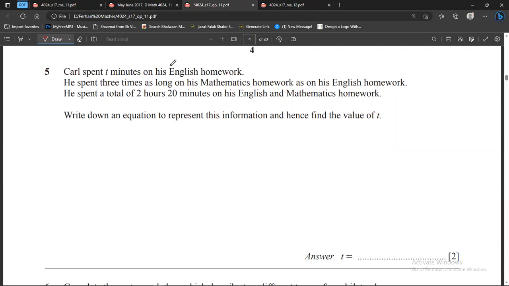So if he spent T minutes on English, on mathematics he will spend 3T. He spent a total of 2 hours and 20 minutes on his English and mathematics homework. So write down an equation to represent this information and hence find the value of T.